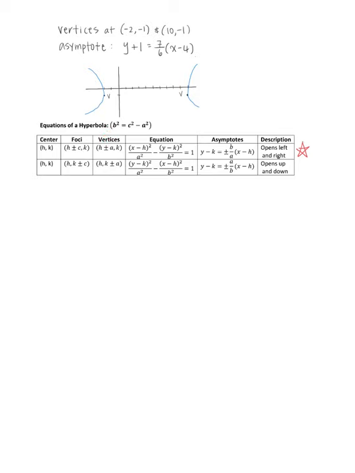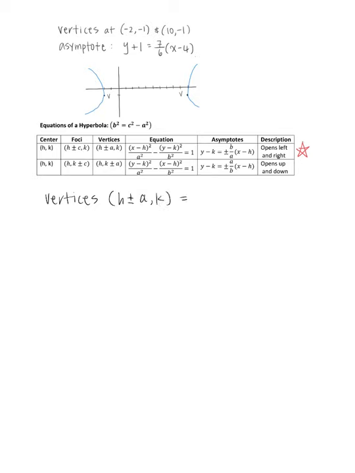All right, so let's try to figure this out. First, our vertices are given by (h plus or minus a, k).